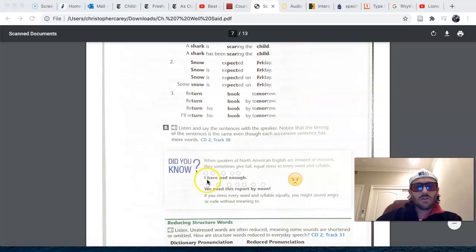When you stress function words as well, it gives the feeling that you're angry, right? I have had enough, right? Maybe a mom or dad would say to their young kid, if they're messing around, misbehaving. I have had enough, stressing all of those words, even though not all of them are content words. You sound angry. We need this report by noon, right? All words stressed. If every word is stressed, every syllable equally, you come across as being a little angry or rude. So you've got to be careful about this, right?